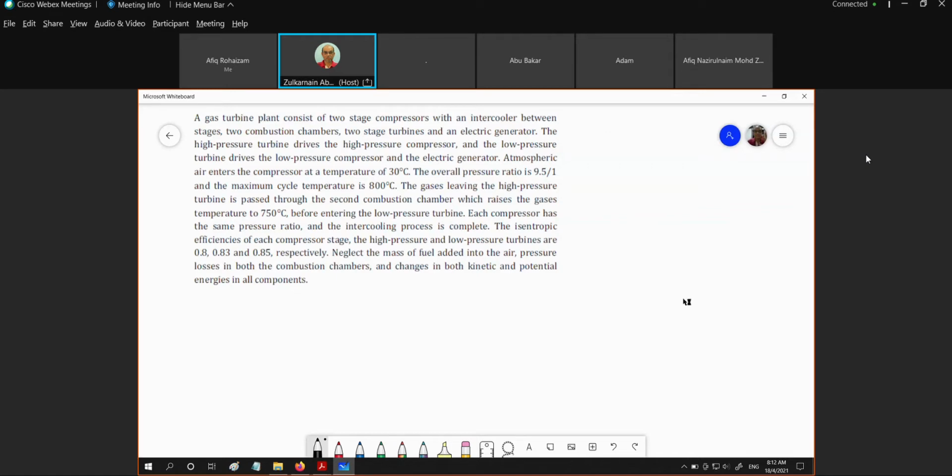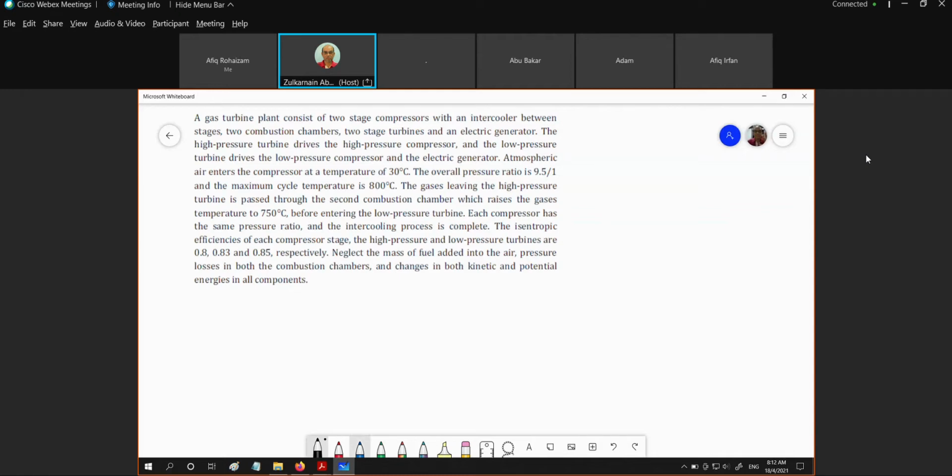One shaft is used by the high pressure turbine to run the high pressure compressor, and the second shaft is run by the low pressure turbine, which drives the low pressure compressor and electric generator.